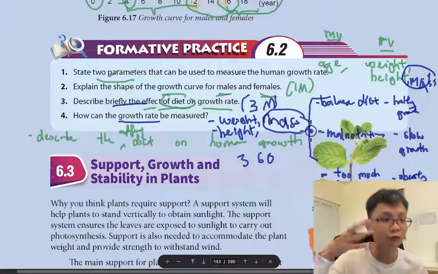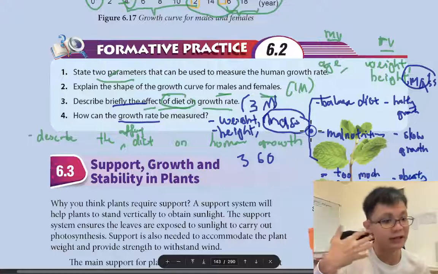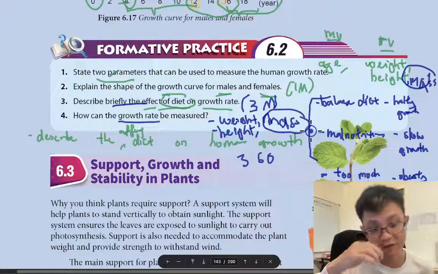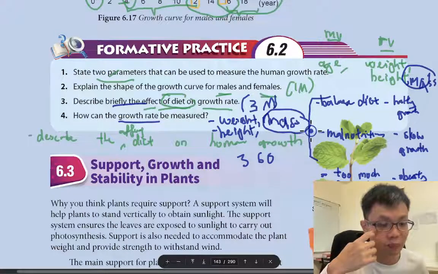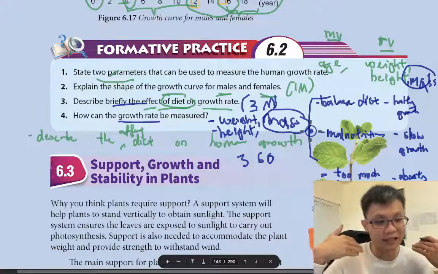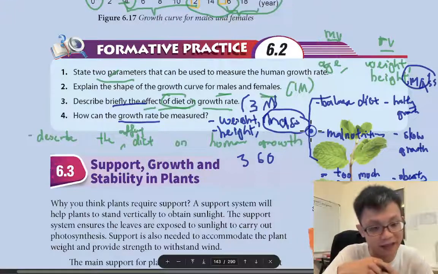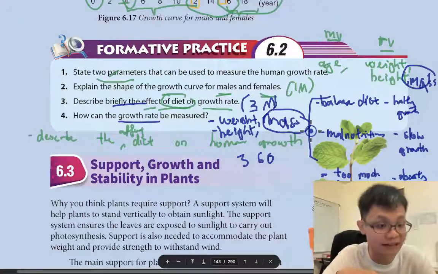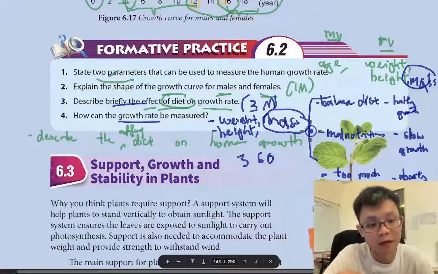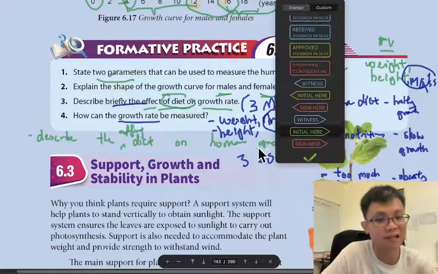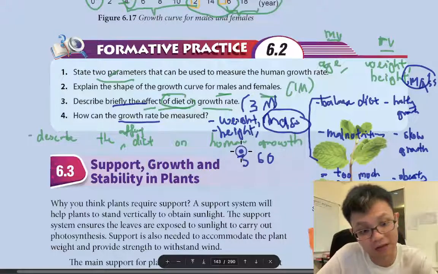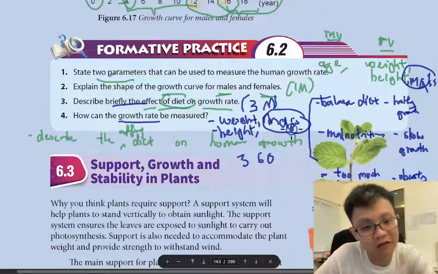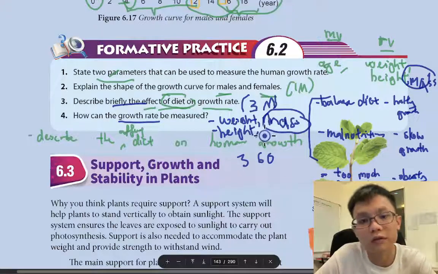If you go to the moon, let's say I'm 50 kg, I still have 50 kg of mass, but weight is different. Let's say now I'm 60 kg, but when I go to the moon, I'm 10 kg. So that's why sometimes in science they use the word mass instead of weight, because weight can change depending on what planet you are on. Mass won't change, even going through the entire universe.